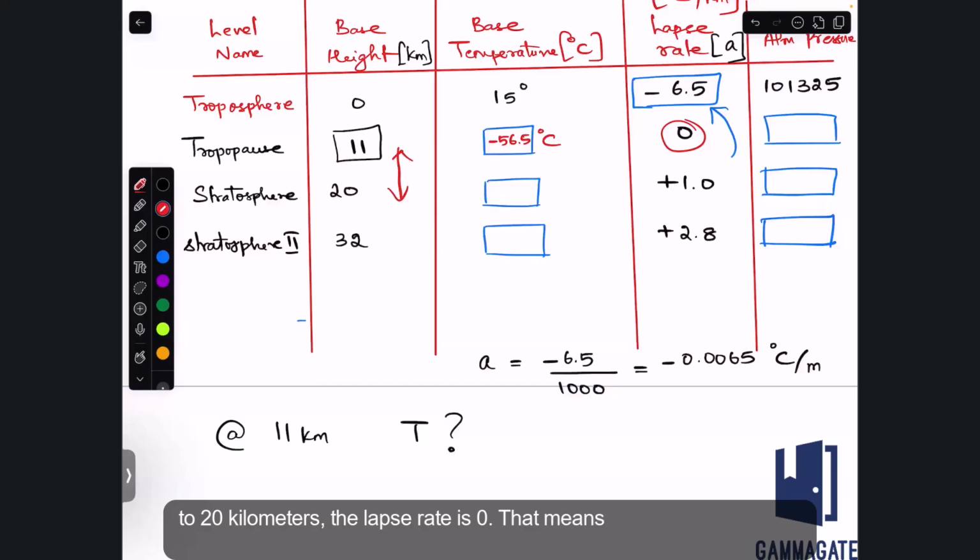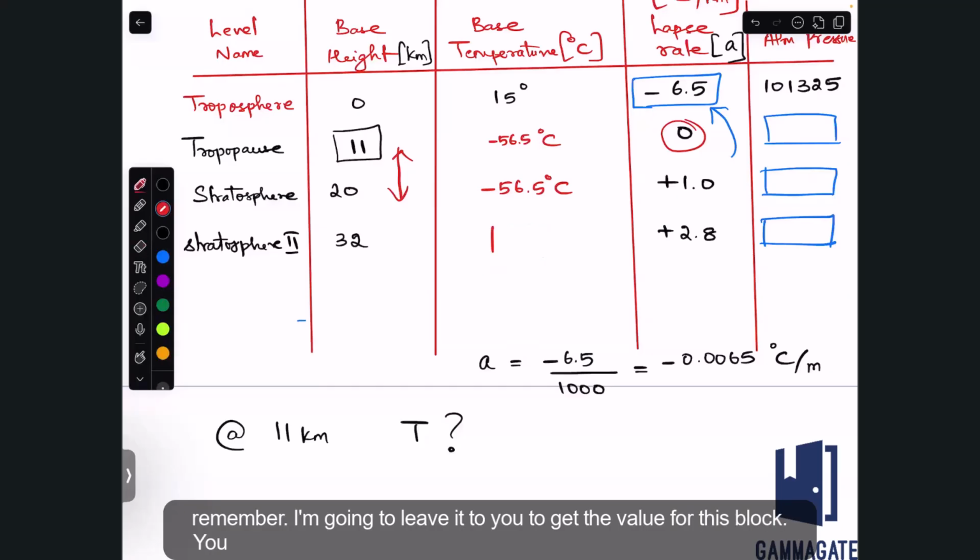That means my temperature does not change at all. So my temperature at 20 kilometers also will be minus 56.5 degrees Celsius. These are some values you have to remember. I'm going to leave it to you to get the value for this box. You can do this as an exercise.